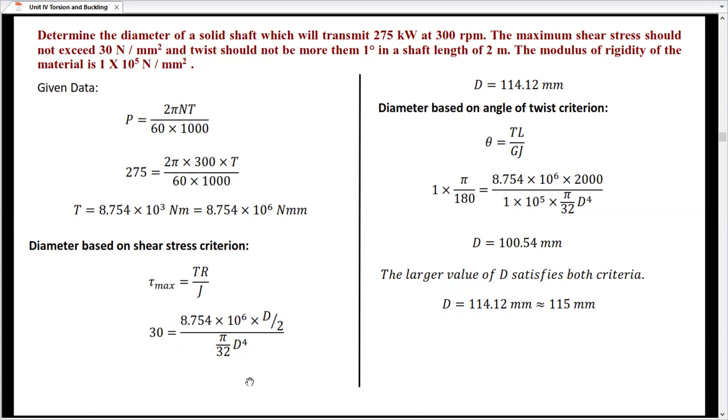So we will get the value of diameter based upon this shear stress. If you put in all these values, you will get the diameter of that shaft as 114.12 mm. Now again we will calculate the diameter based upon angle of twist. So we are using two criteria to determine the diameter: first, the diameter based upon shear stress, and second, the diameter based upon angle of twist.